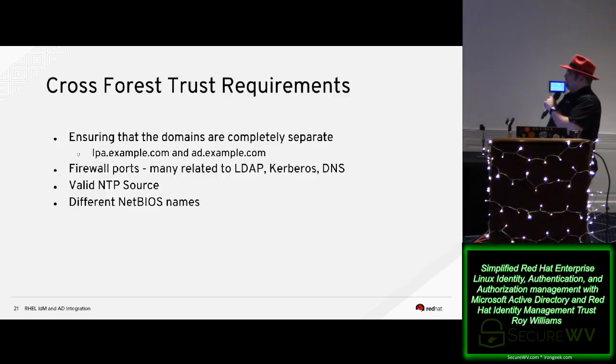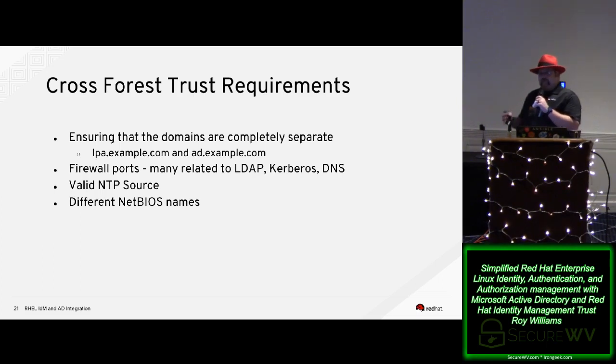So the requirements for setting up a cross-forest trust. One very important thing is, because we're setting up a new domain, we have to have a completely separate domain. So for example, we'll say we already have an existing ad.example.com. What we would want to do on the Linux side is set up something like ipa.example.com or linux.example.com.